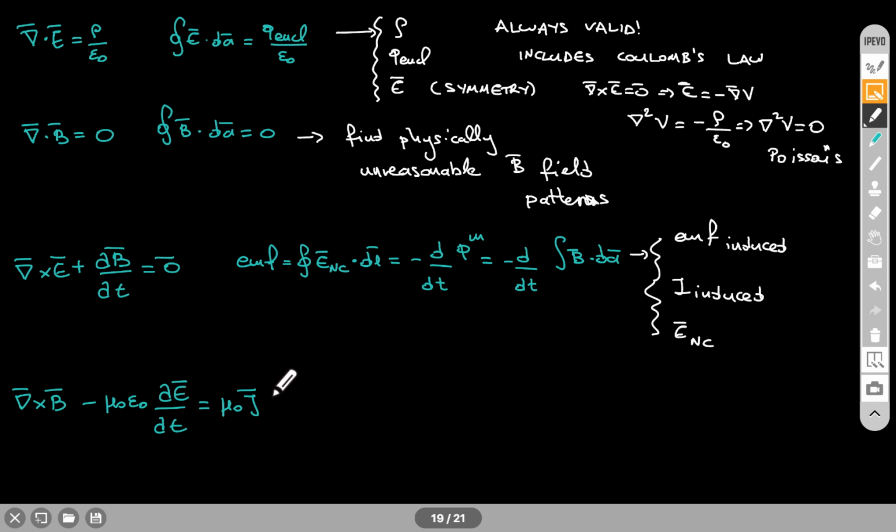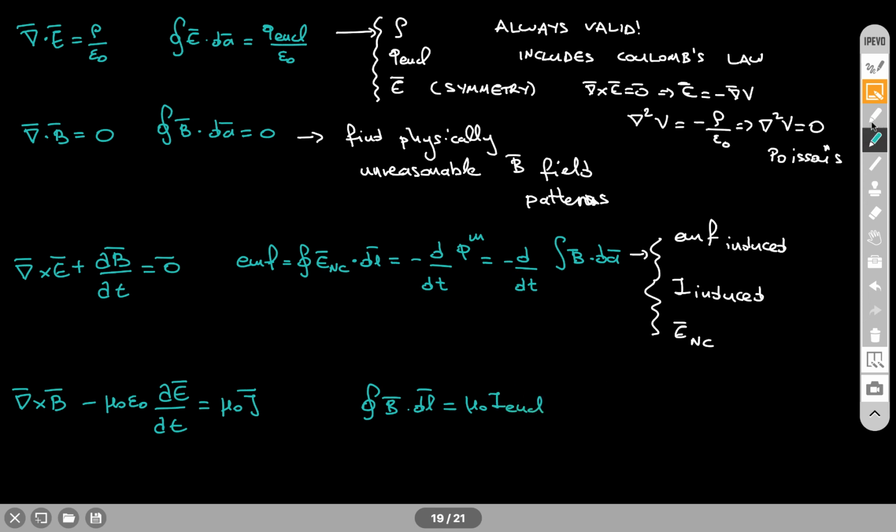Now, the way that we've used the Ampere-Maxwell law is when the electric field is not changing with respect to time, and this quantity goes to zero, then we have B dot dl is equal to mu naught times the current enclosed.